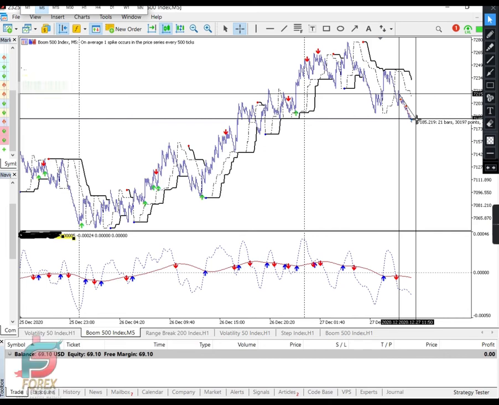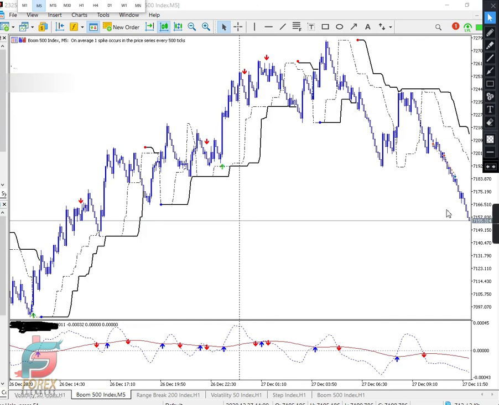So I'll go back and show you a few setups on the same. You can see the market is still dropping, so I'll go back and show you some previous setups, ones that won and ones that didn't. But I'm assuring you, if you follow this indicator properly with the trend, it's going to give you a good return.